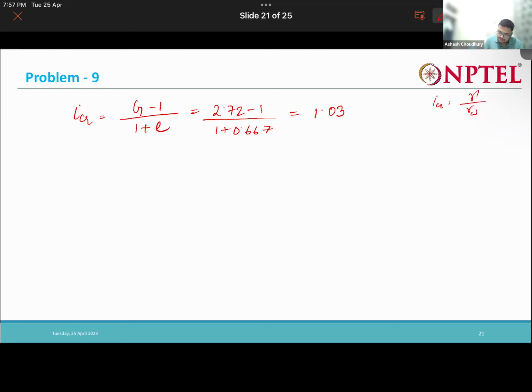Right. Now see, I told you, say you have a clay here. So 3 meter clay here, and the water table is also at the top.